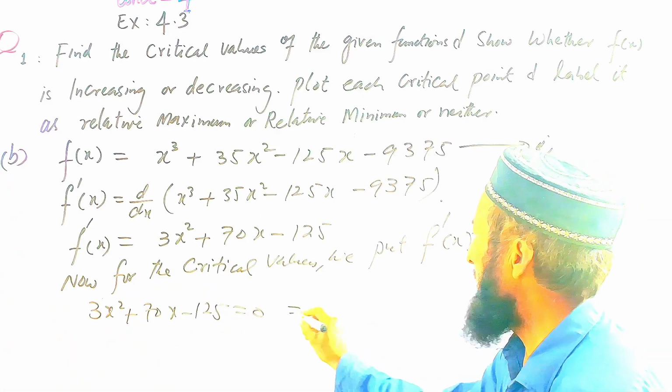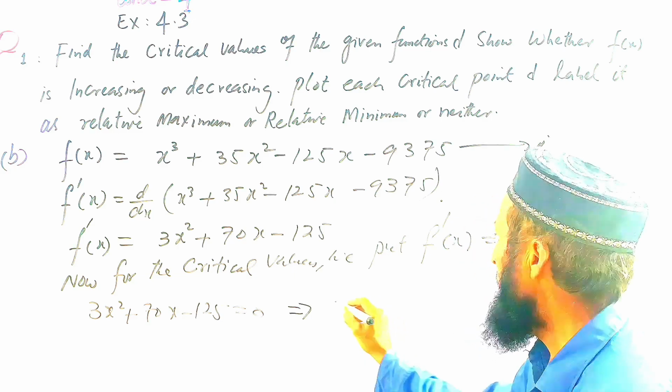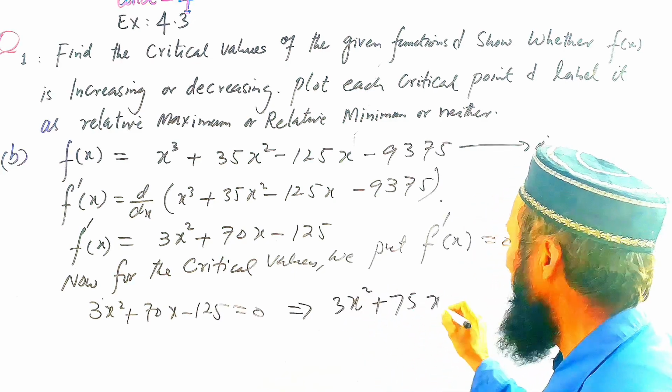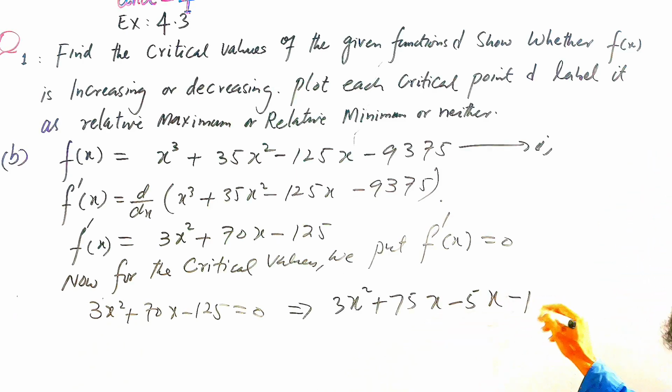We can solve by factorization: first and last term we multiply. So 3x square plus 75x minus 5x minus 125 is equal to 0.